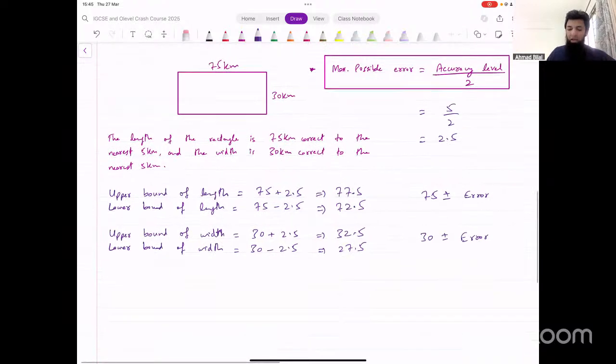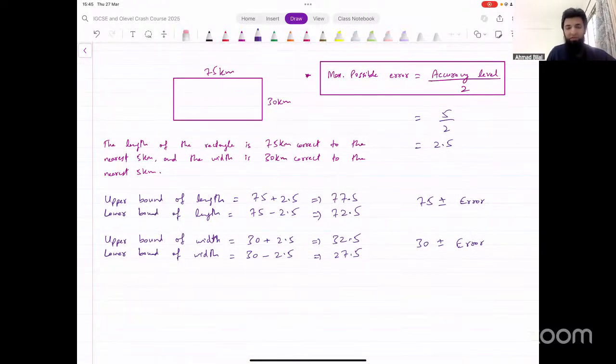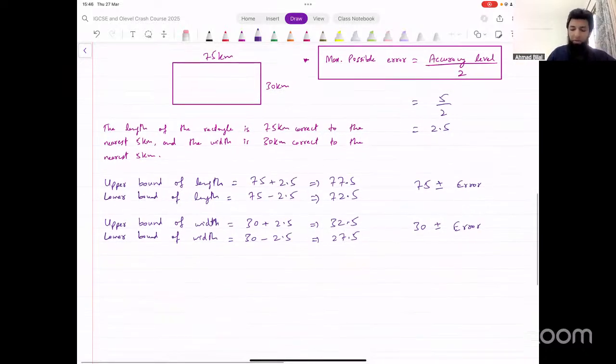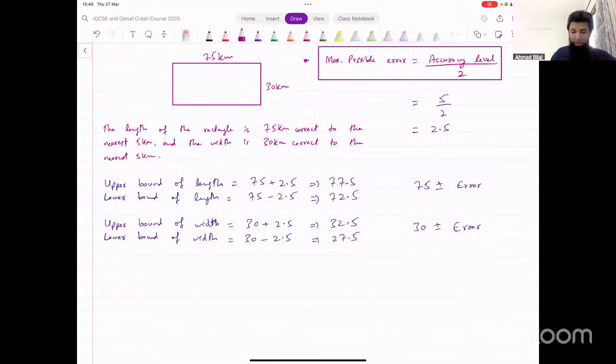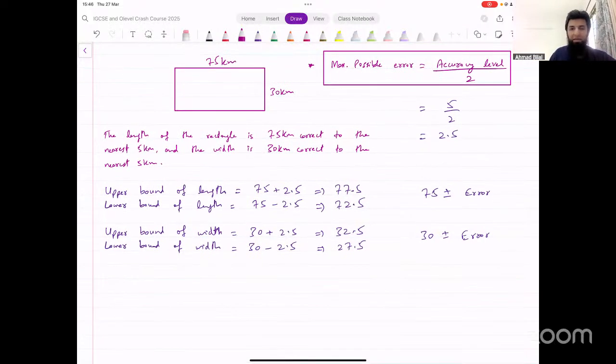Okay. Now, these were simple cases in which we just had the lengths and widths, and we had to find their upper and lower bounds. But what if you had to find the maximum possible area in this case? So what if they asked you for the maximum possible area of the rectangle? What would that be?